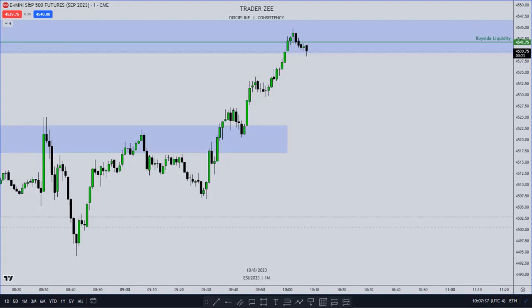In terms of the weekly profile, I think we have Wednesday low of the week. And now I think it's going higher. It's going to go higher.